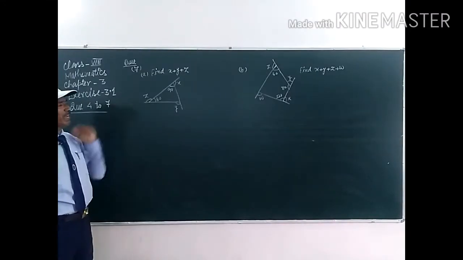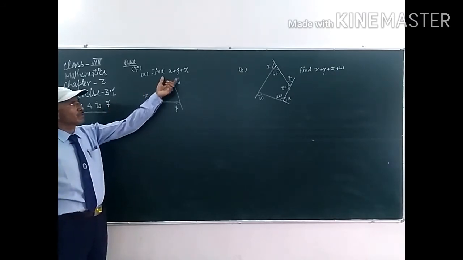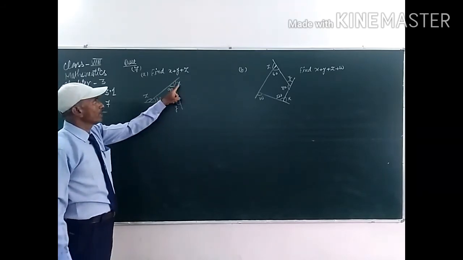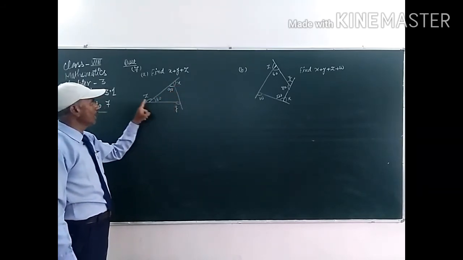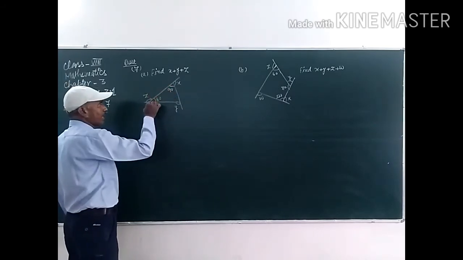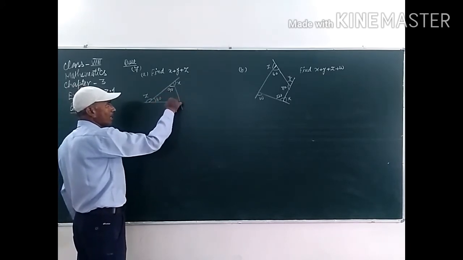This is question number 7, students, and in this question we have to find x plus y plus z. Students, in this figure x, y and z are given, and interior angles of this triangle are given. This one is 30 degrees, this one is 90 degrees, and this one is unknown.